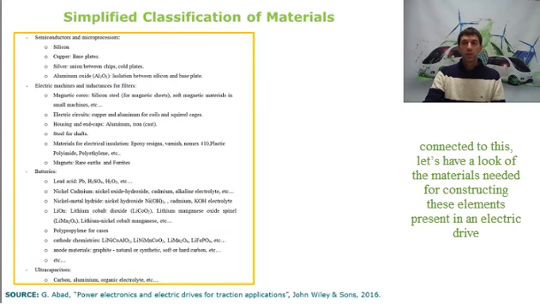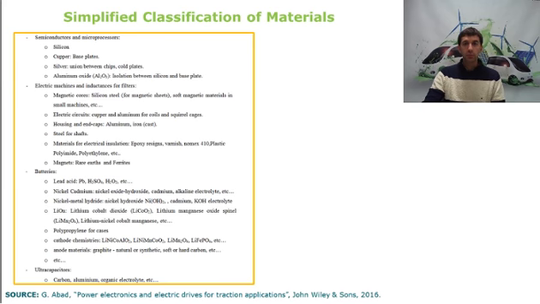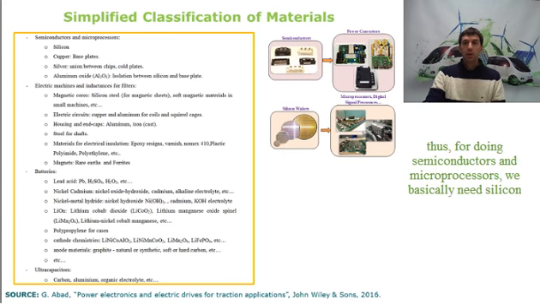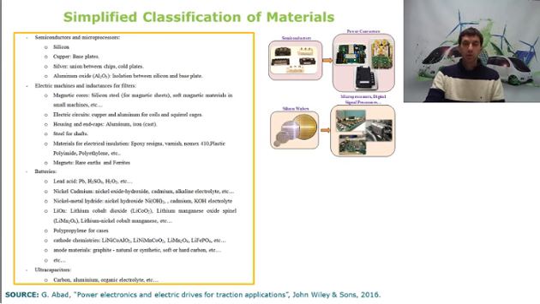Connected to this, let's have a look at the materials needed for constructing these elements present in an electric drive. Thus, for making semiconductors and microprocessors, we basically need silicon.